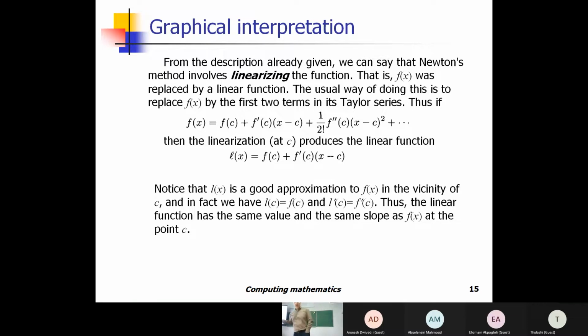From the description, we can say that Newton's method involves linearizing the function. It means that f of x is replaced by a linear function. And using this linear function, we find the next point that is closer to the root.